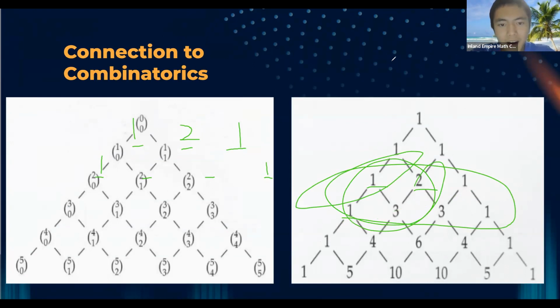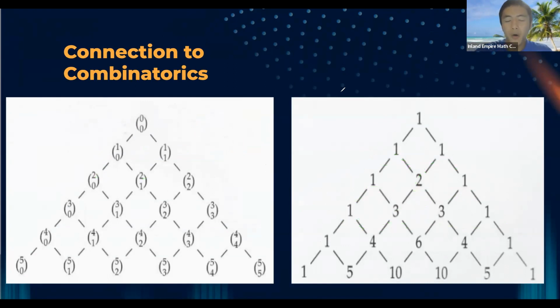Okay, so now we are going to figure out why. And indeed, the cool thing about this is that the coefficients of a binomial are exactly just the rows of Pascal's triangle, right? So if you were evaluating, let's say, x plus y to the fourth, that would simply be the numbers in the fourth row of Pascal's triangle.